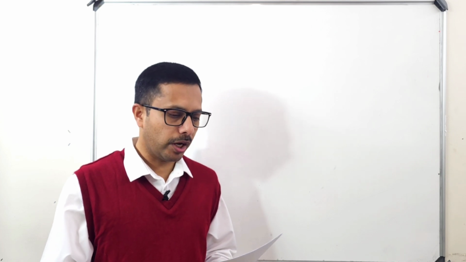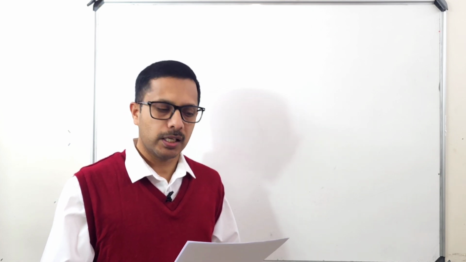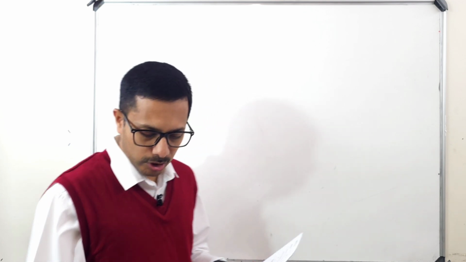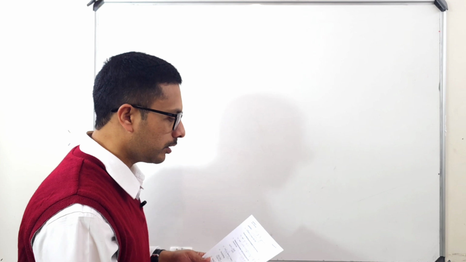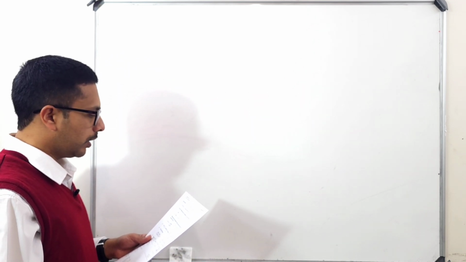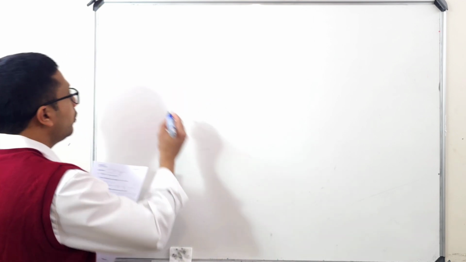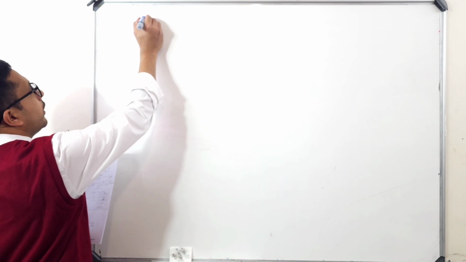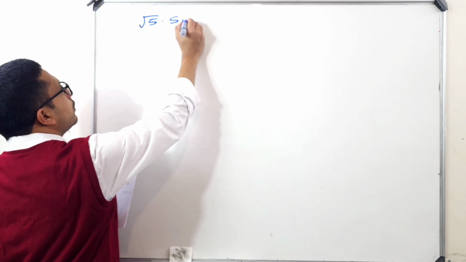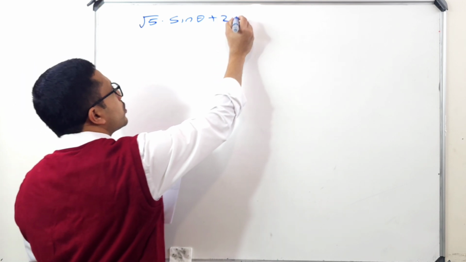Question number 5. This is September 2024 Free State Province. Question number 5, that is the trigonometry section. Okay, what is question number 5? If square root of 5 sine theta plus 2 is equal to 0, so there is an equation given like this: square root of 5 times sine theta plus 2 is equal to 0.